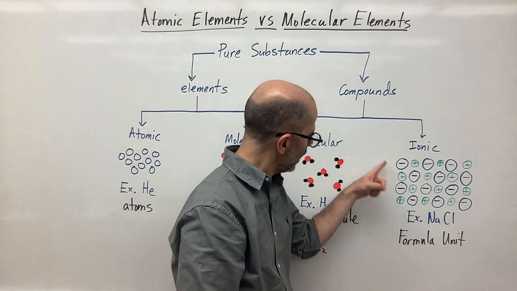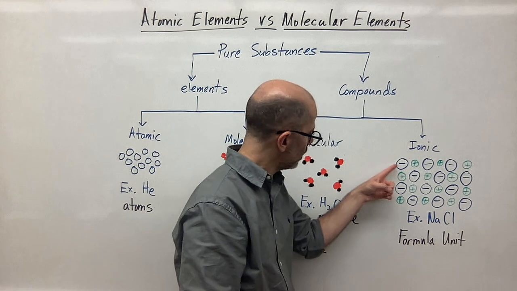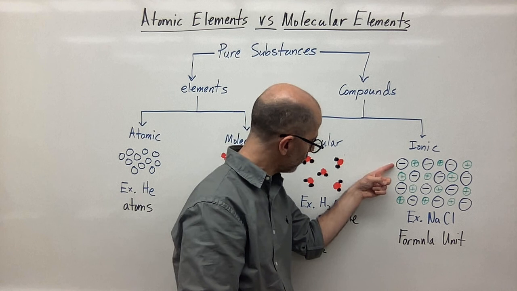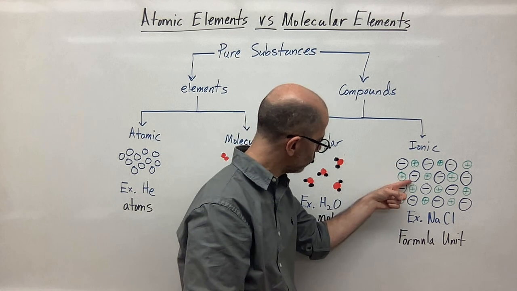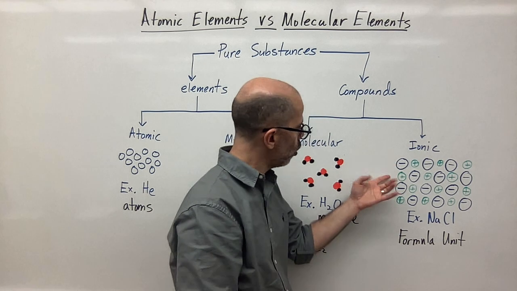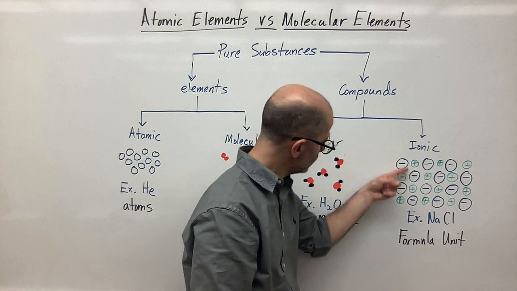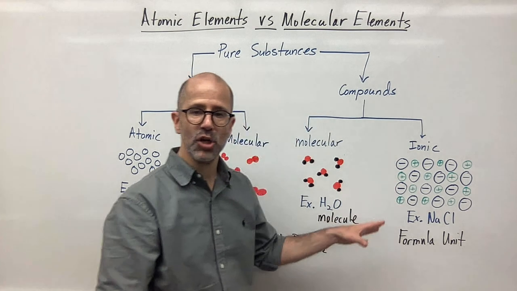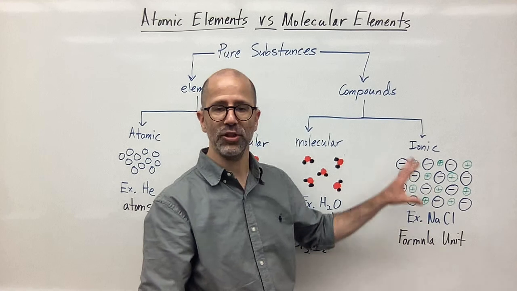If you look at this one, this sodium ion is attracted to this chloride ion, this chloride ion, this chloride ion. So what is the unit? Is it this? Is it this? Is it this? You can't tell. So there's no way to tell what the unit is.